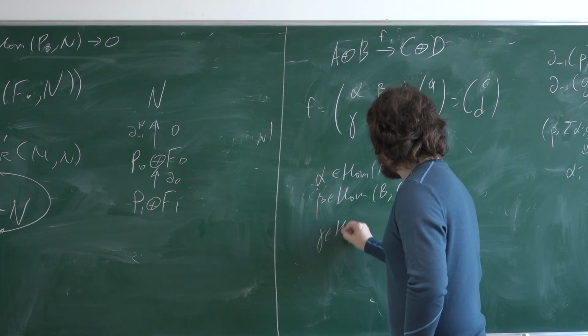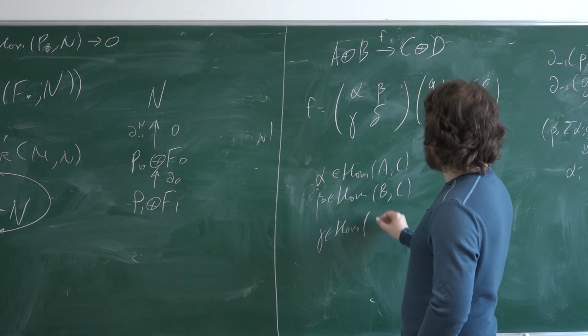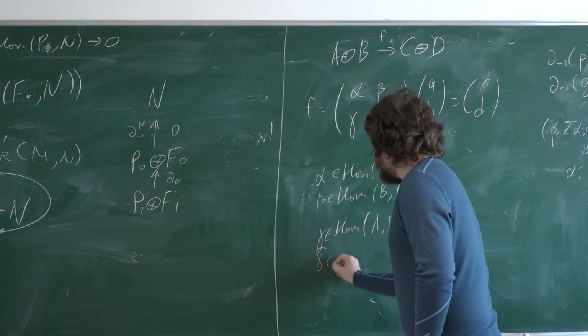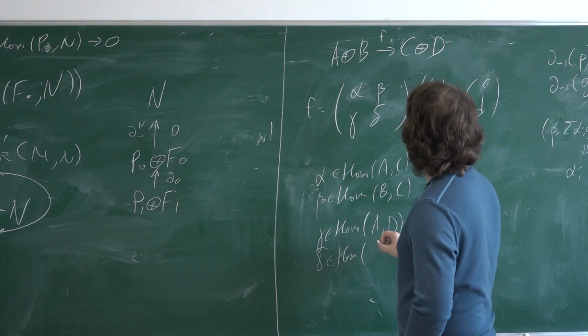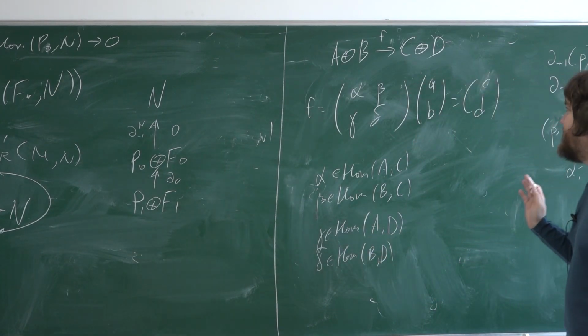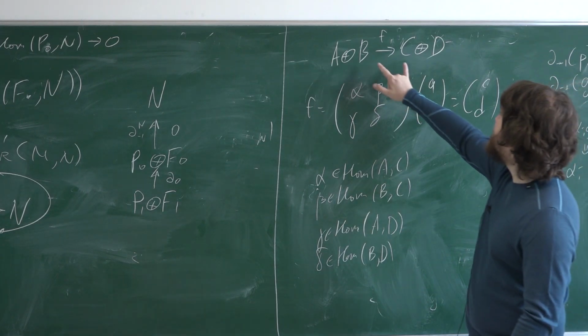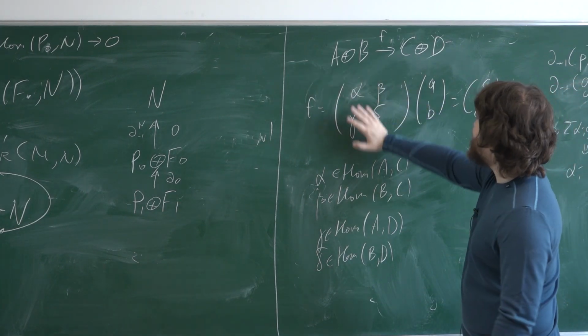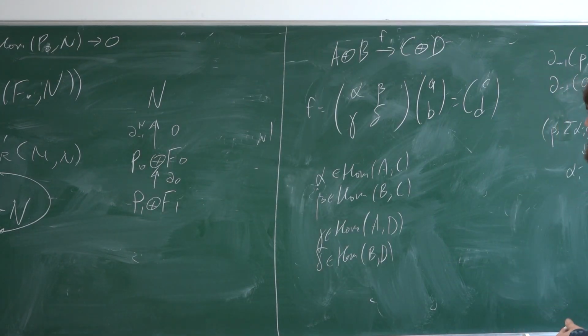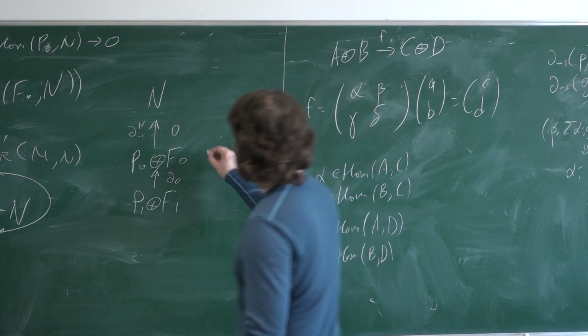Gamma is Hom from A to D, and delta is Hom from B to D. It's more or less obvious. Any Hom from direct sum to direct sum has such an expression.